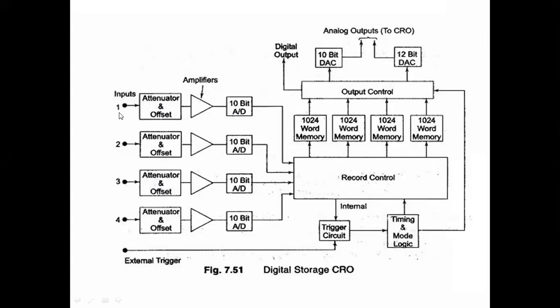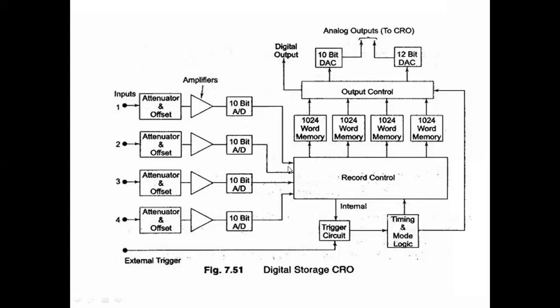After the input signals are converted into digital form, that information is stored in the memory. It is a 1024 word memory, and we have four memory sections.